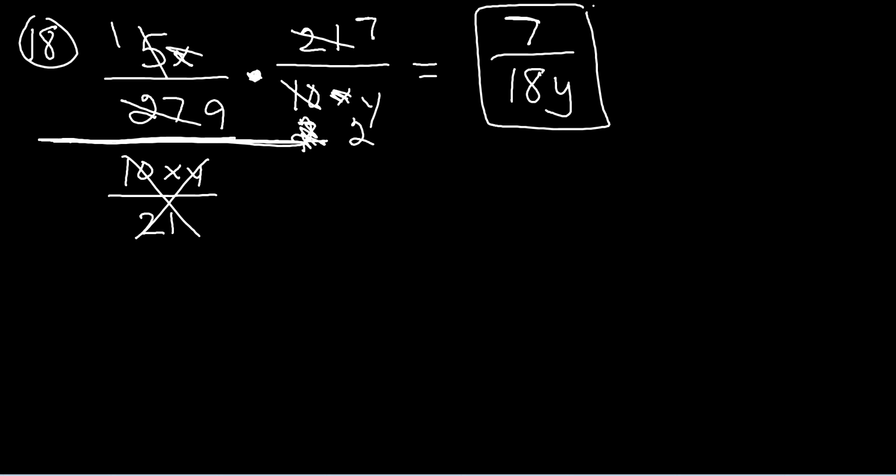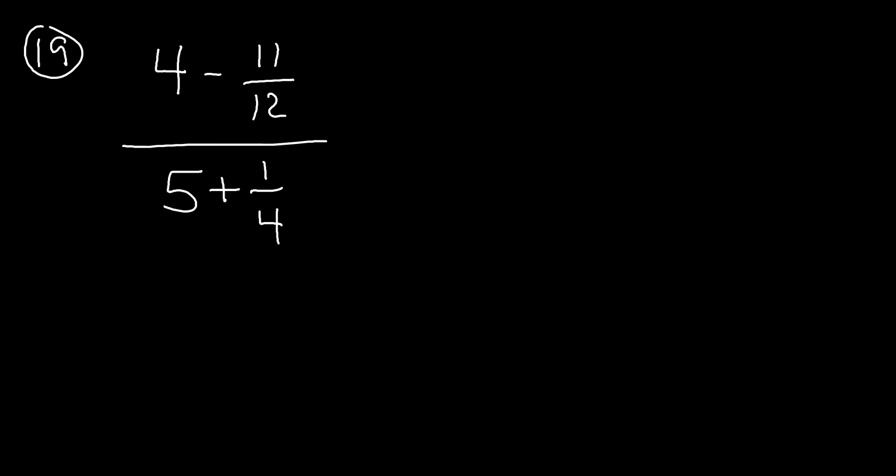All right, number 19. Okay, let's try this out, this complex fraction. So let's do the numerator separate from the denominator. I got 4 minus 11 over 12. Well, I can make my denominators the same by multiplying top and bottom by 12 of this, multiplying times the 4 over 1.